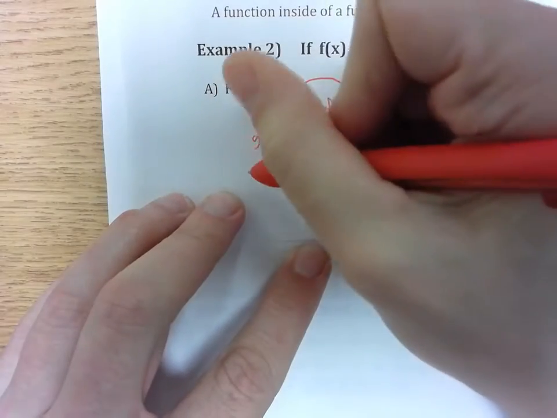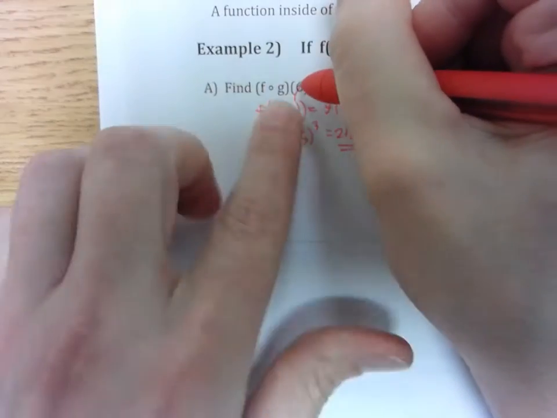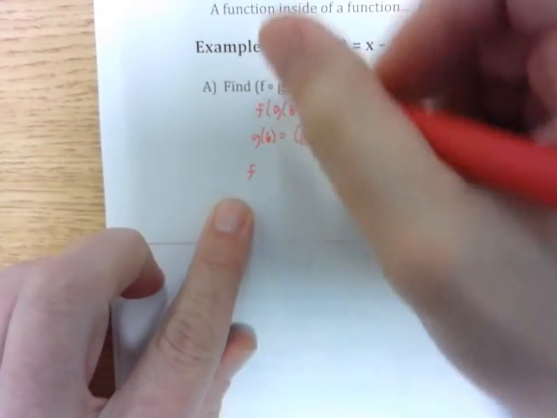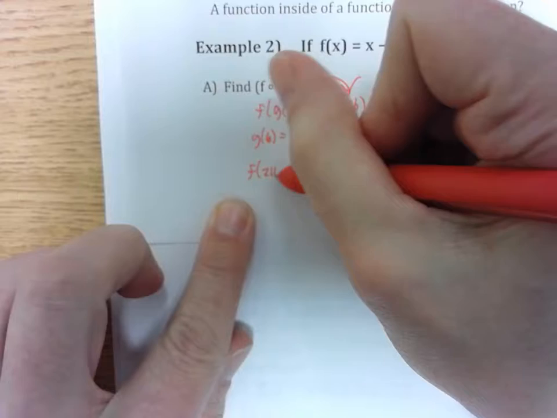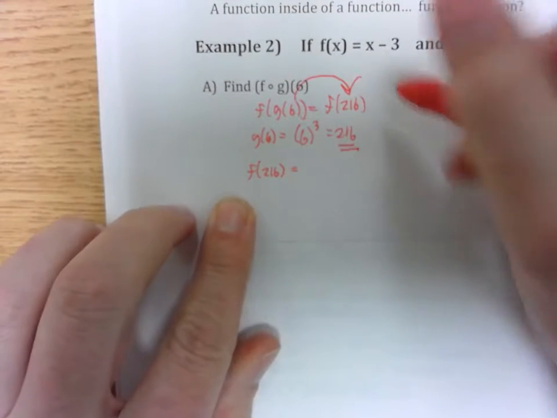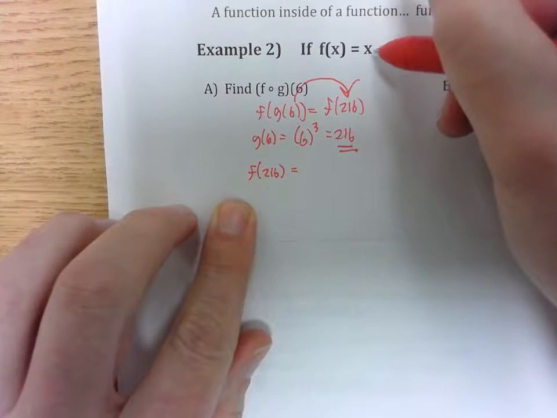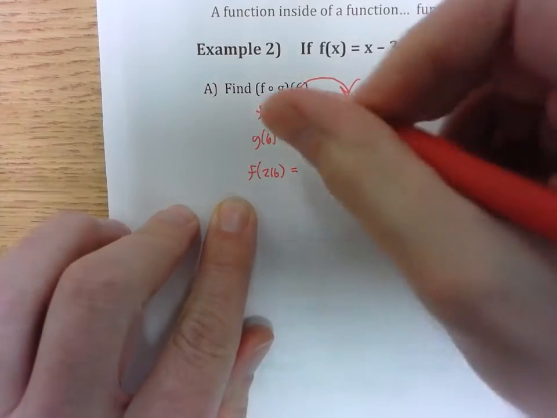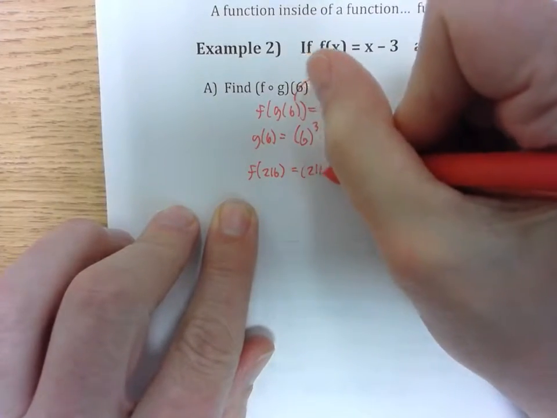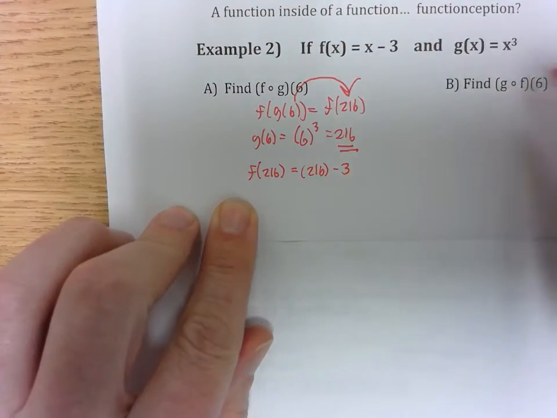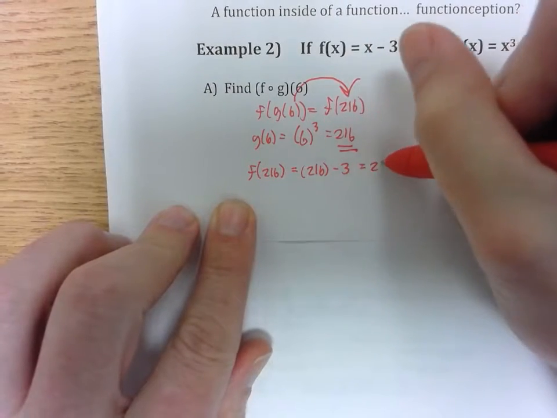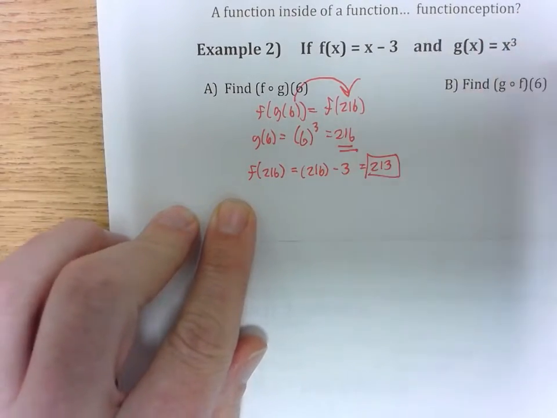So f, we don't put 6 into f, we put what you get from here into f. So f of 216 is going to be 216 replacing the x in x minus 3. That's 213. And you're done. That's your answer.